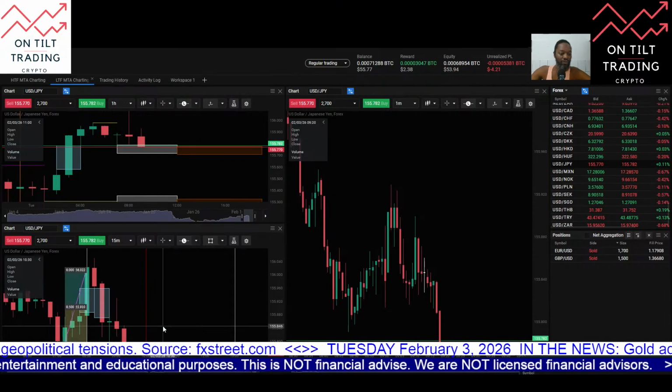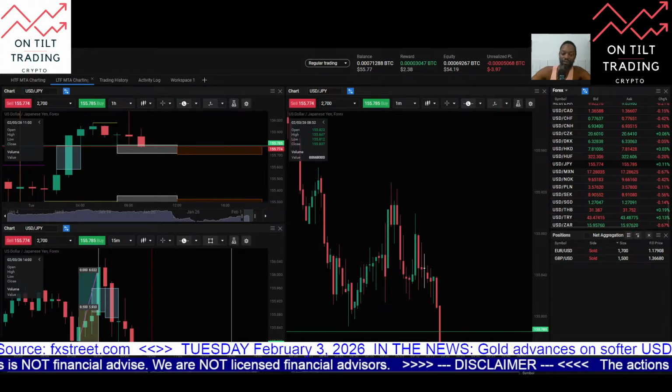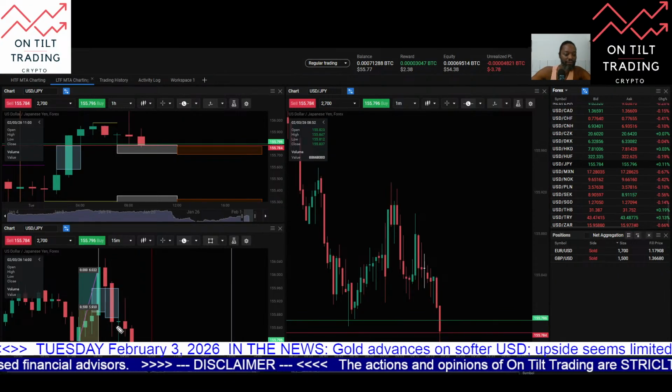Price trading lower. Price looked like it may want to sweep out this 15-minute liquidity perhaps.